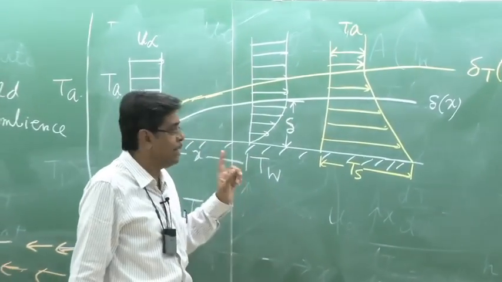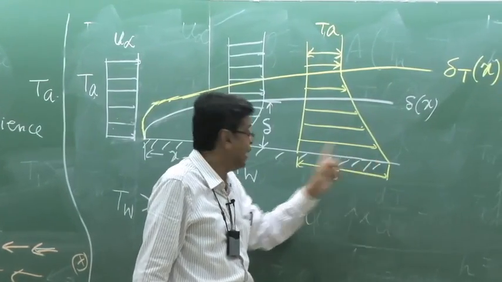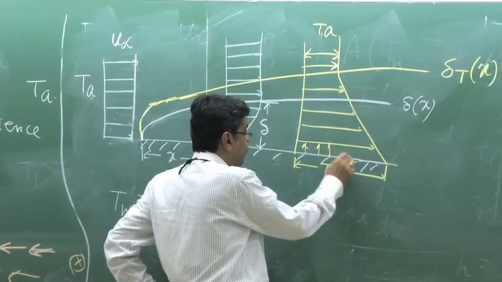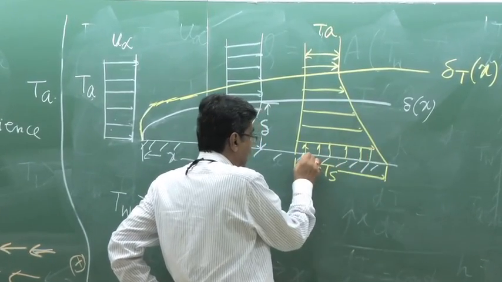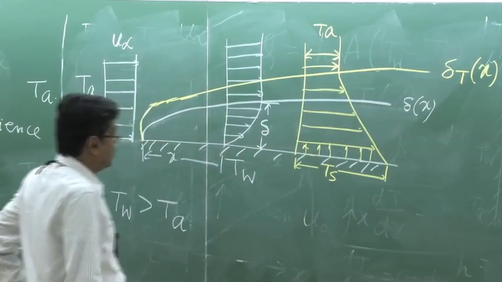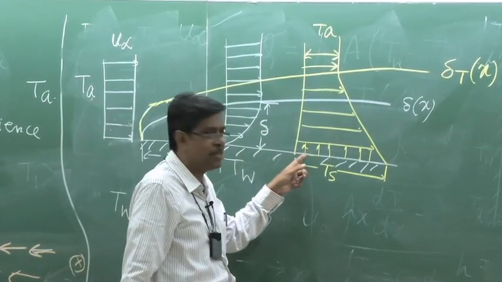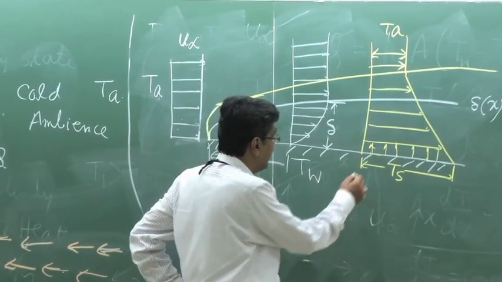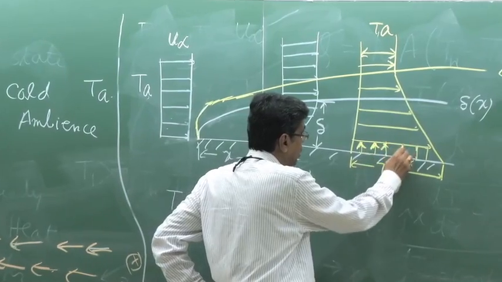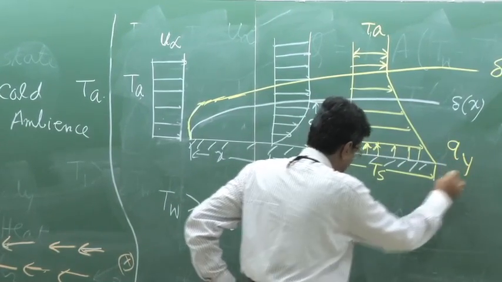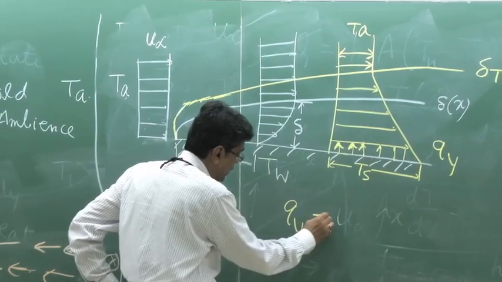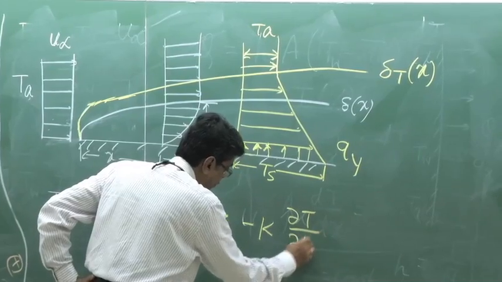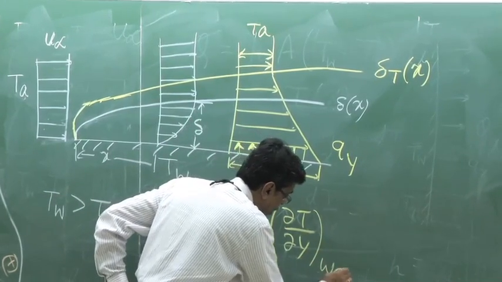So now the important thing is that at the surface there is no velocity. So therefore, the heat which is going from the solid to the surface, if you consider a layer at the surface, a nanometer layer for example, which is almost at rest, this heat Qy can be written as Qy is equal to minus K del T del Y at the wall.